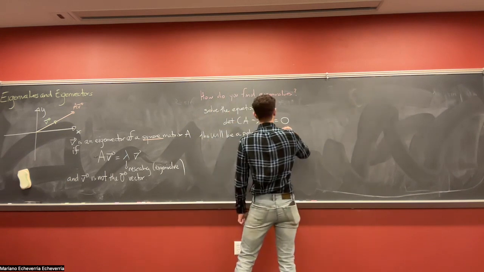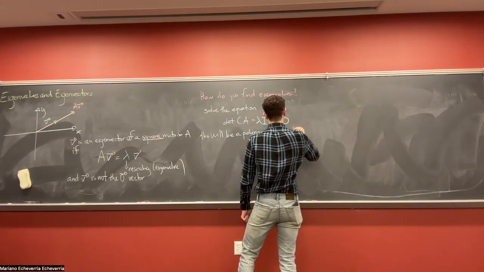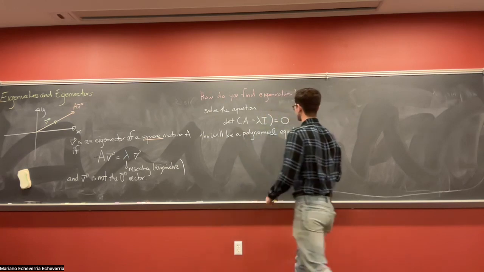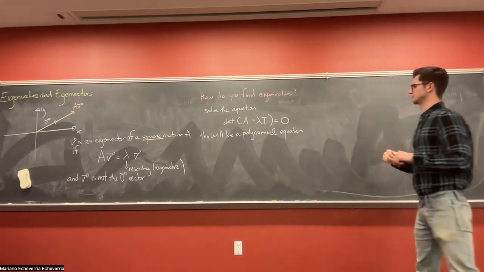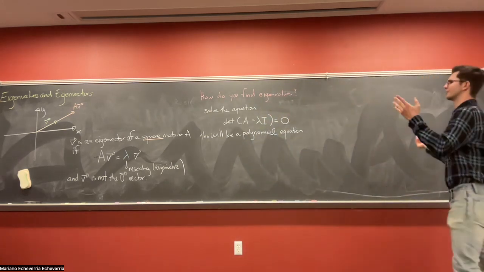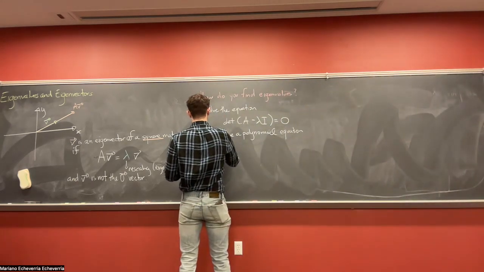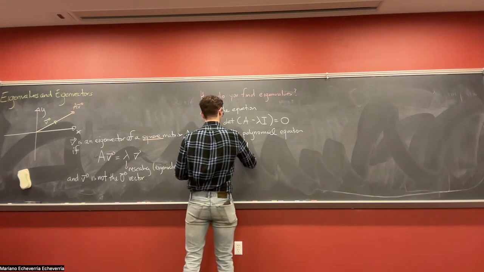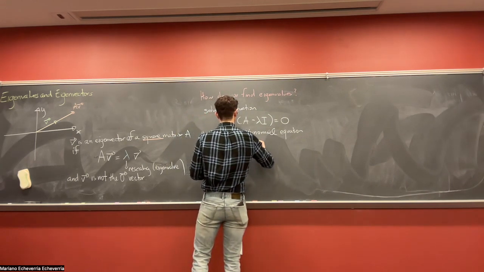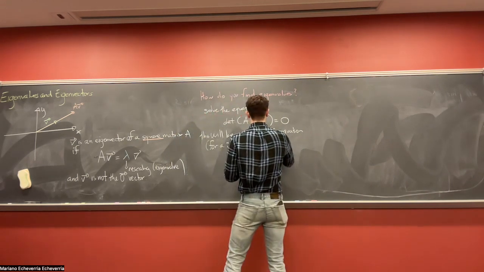What does that mean? Just in case you haven't thought too much about this. For example, in the 2 by 2 case, so for n equals 2, for a 2 by 2 matrix, it is a quadratic equation.